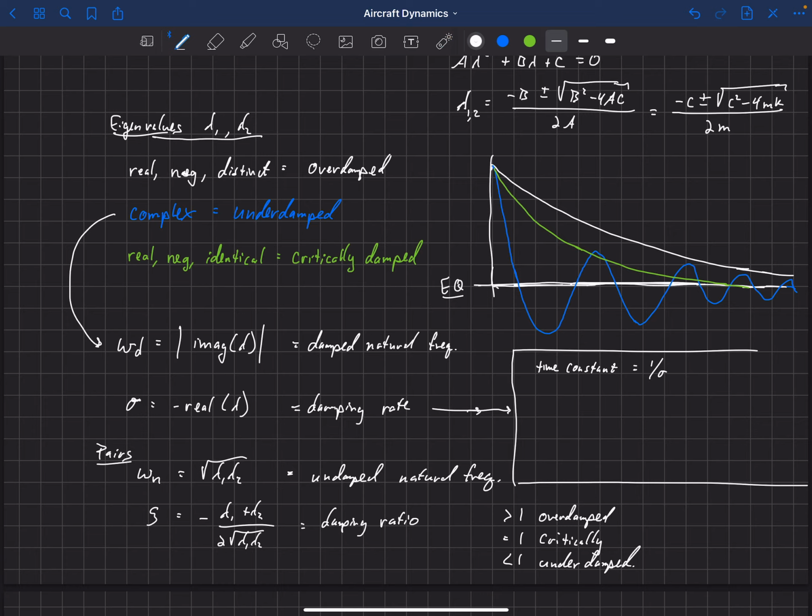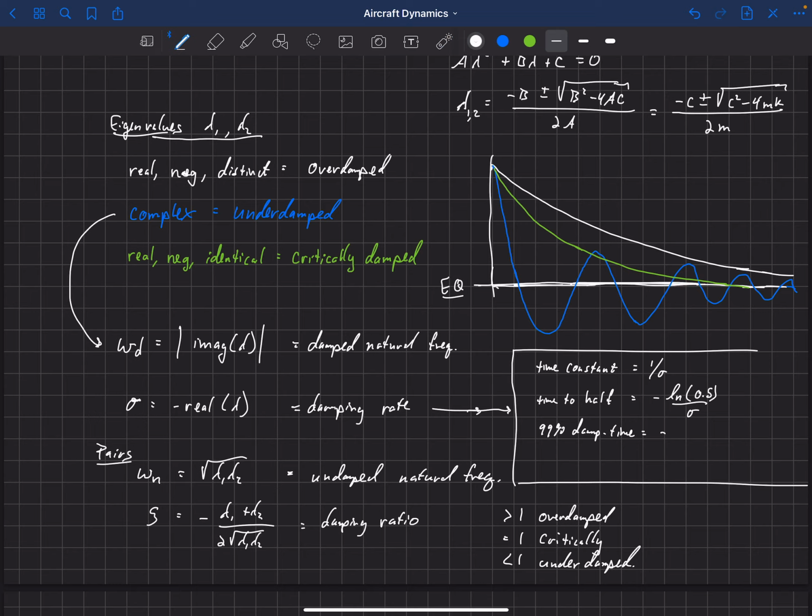That's 1 over sigma. We can also calculate the time to half amplitude, and that's equal to minus the natural log of 0.5 over sigma. Or we could compute what's called the 99% damping time. That's the time it takes to damp out 99% of the signal, so when we are 99% of the way back to our equilibrium.